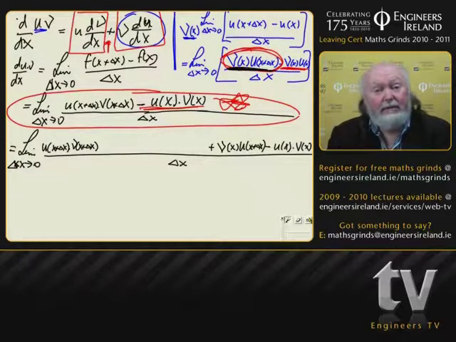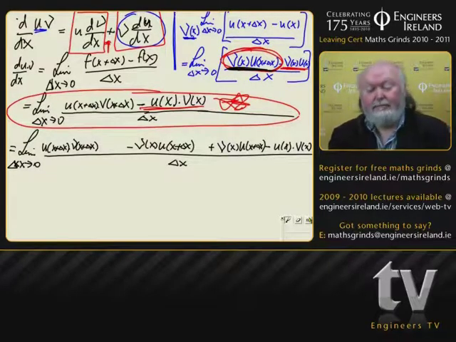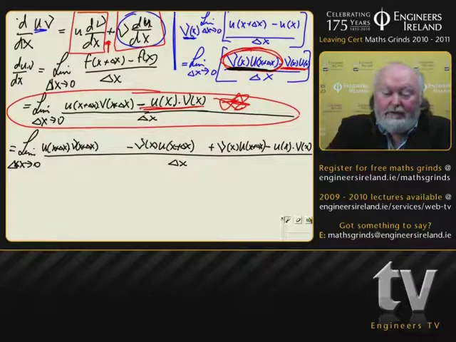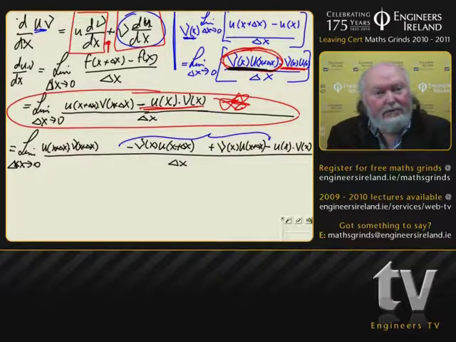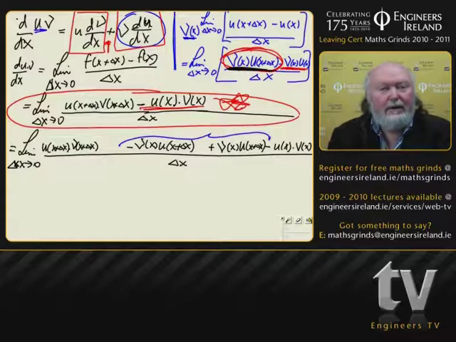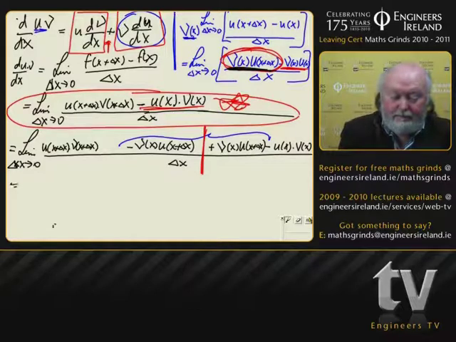Because we've added it in, 7 plus 2 is not 7. We must now also take it away. What we've succeeded in doing is adding nothing. So we haven't changed anything. But in adding nothing, we've brought about a huge transformation to the equation, because we can split it in a useful way. So we can say this is equal to the limit as delta x goes to 0, and now we're going to split the whole thing.